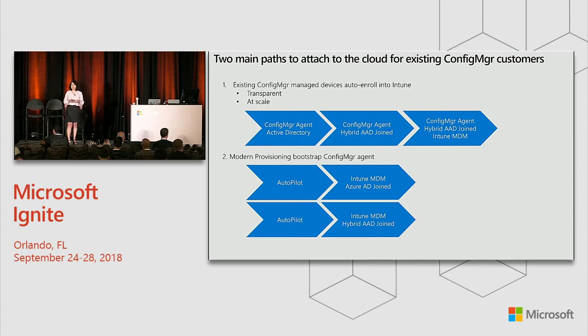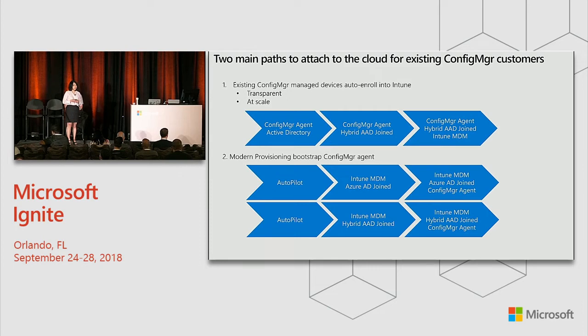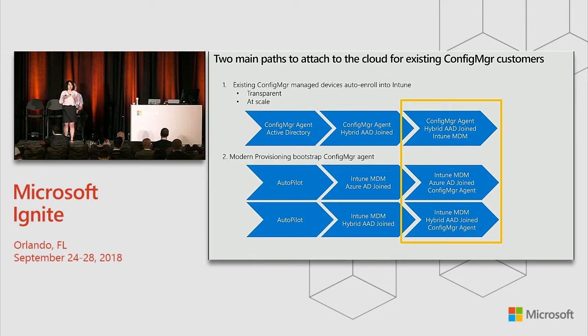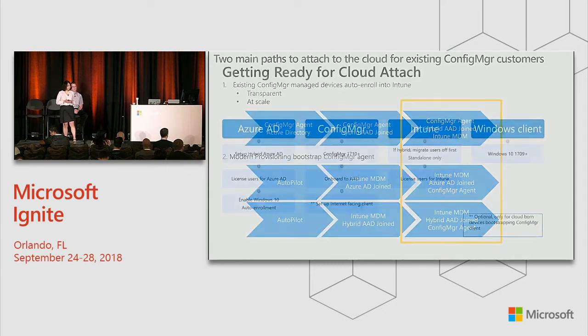Once the devices are enrolled into Intune, Intune can bootstrap the ConfigMgr agent and get it installed on the box, so that it has both the ConfigMgr and Intune MDM agent, with either AAD join or hybrid AAD join. So it reaches the same end state of being co-managed. It's a coordinated effort between ConfigMgr and Intune, and I'll show you how.